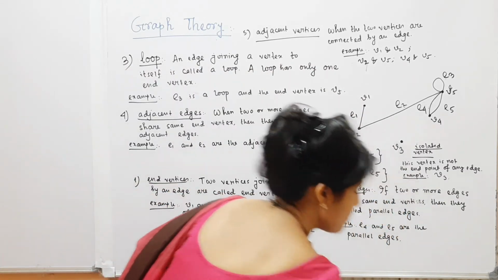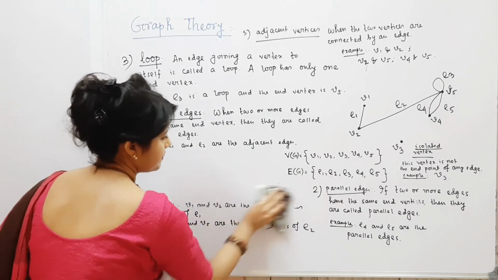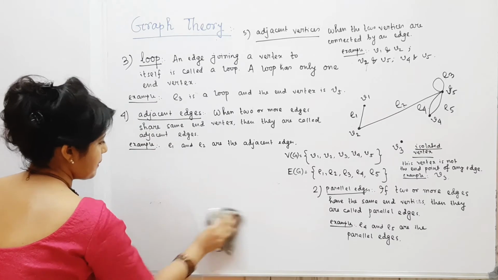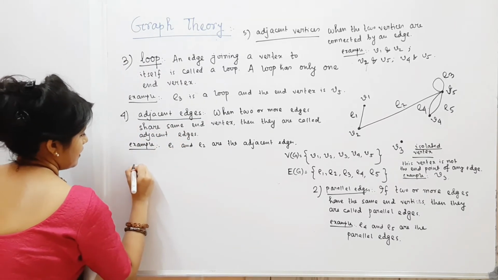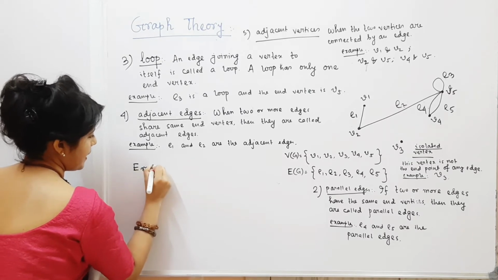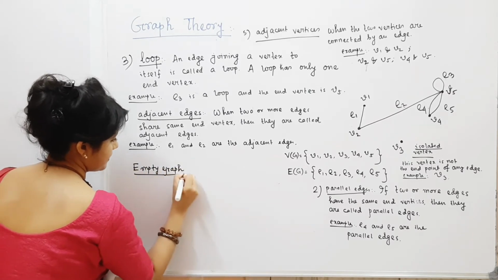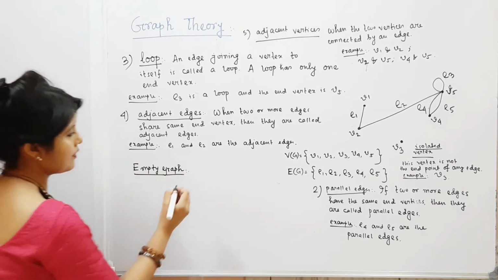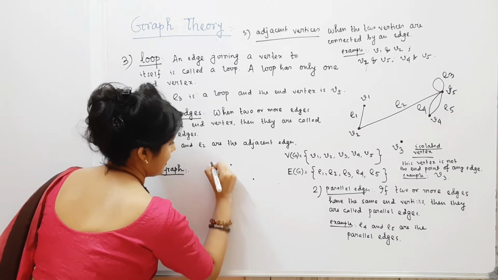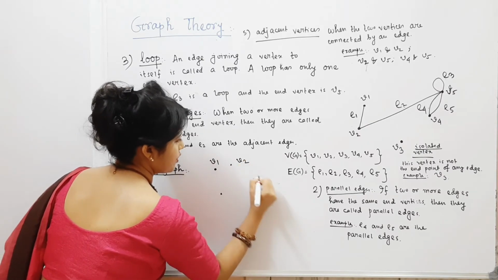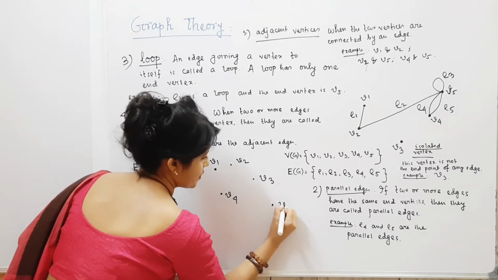Now we have some more terminologies, that is, empty graph. So what is an empty graph? An empty graph means a graph has only the vertices, that is v1, v2, v3, v4, suppose v5.